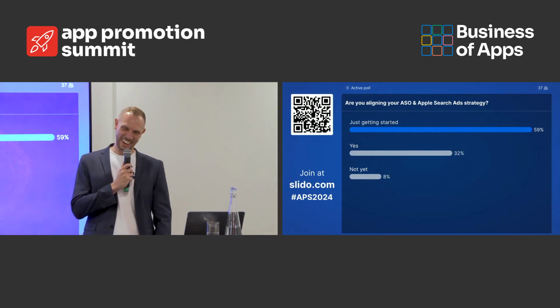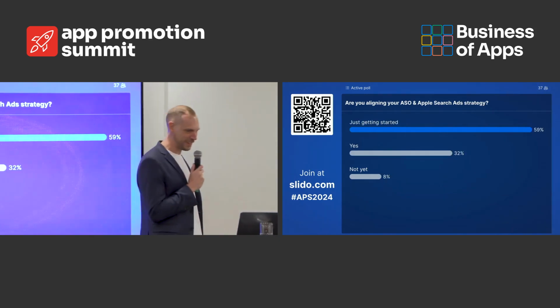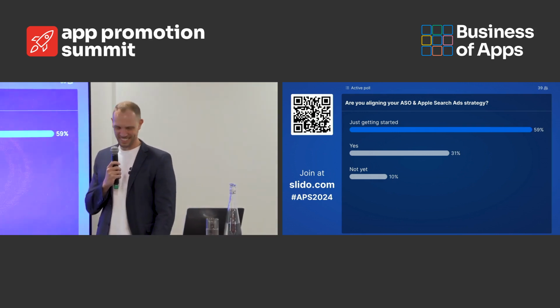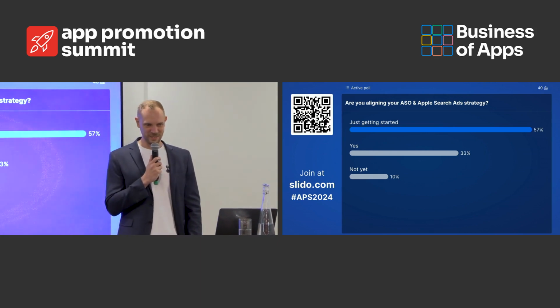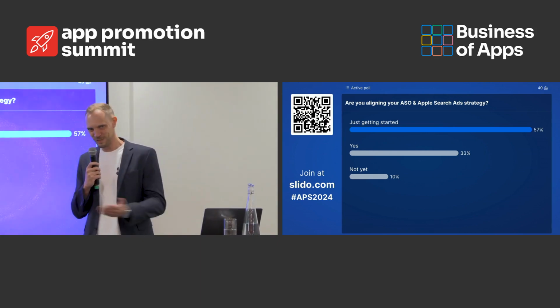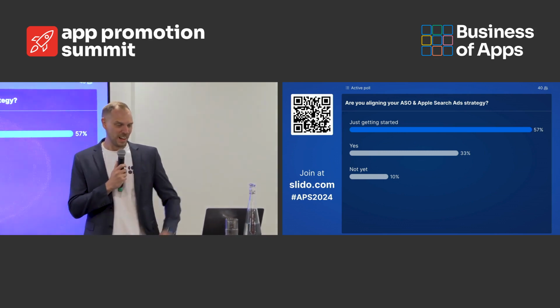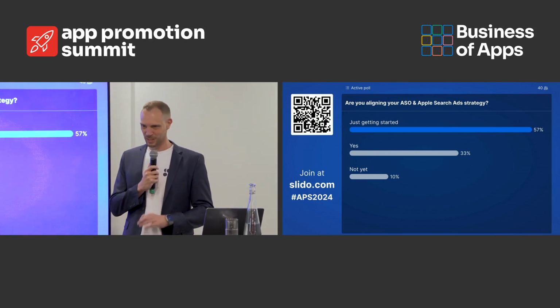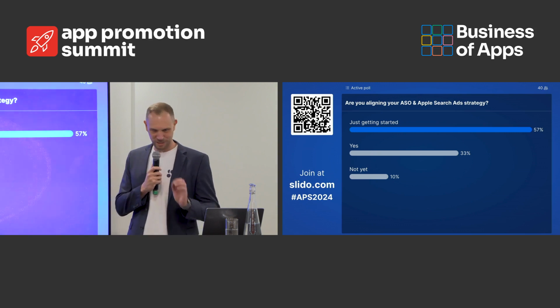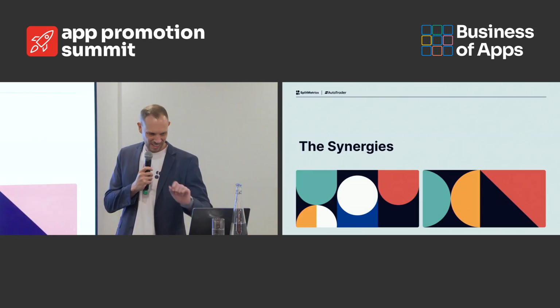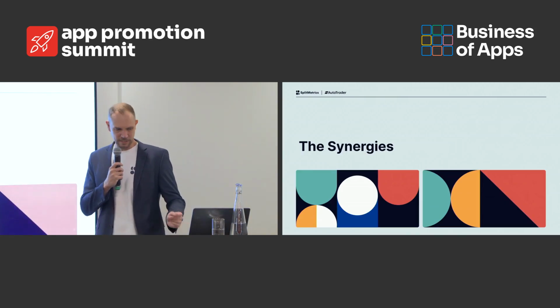Yeah, okay. I think we have a winner here. Nearly 60% of the audience is getting started with aligning ASO and Apple Search Ads. So good news, you're at the right lecture, at the best workshop for exactly this topic at the APS. 33% are already doing it, so amazing. And for the 10% not yet, hopefully we can convince you to start doing it. Good, let's talk about the synergies.